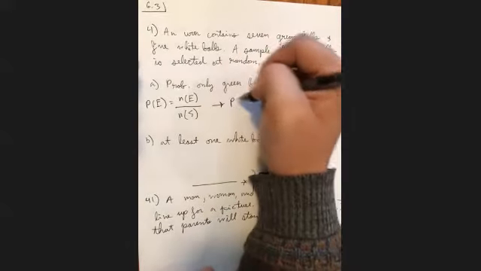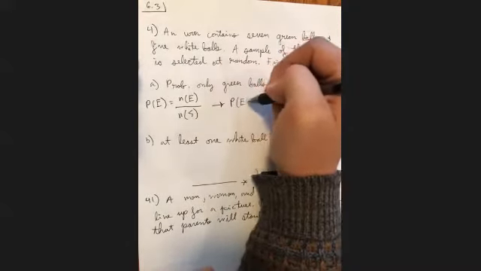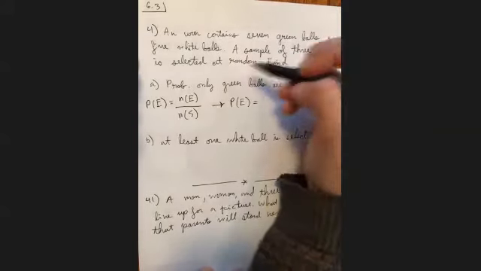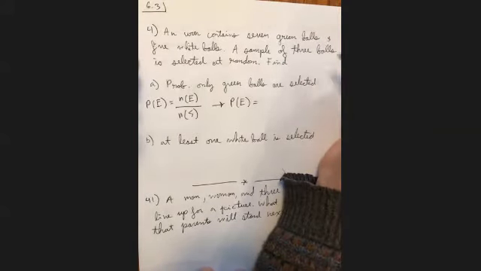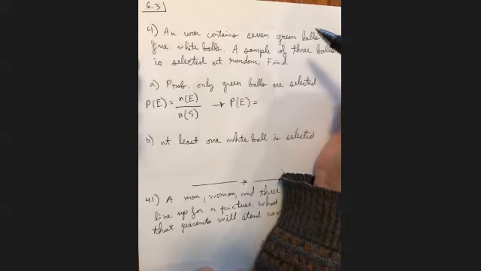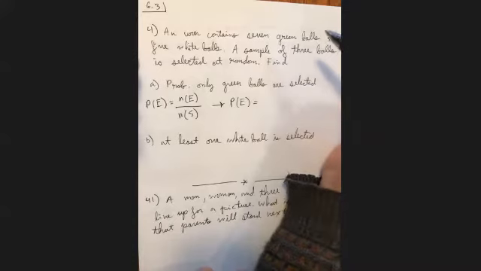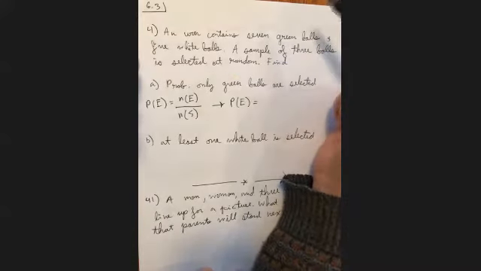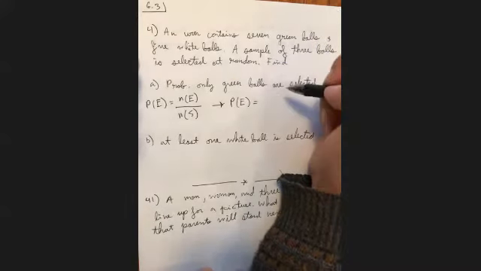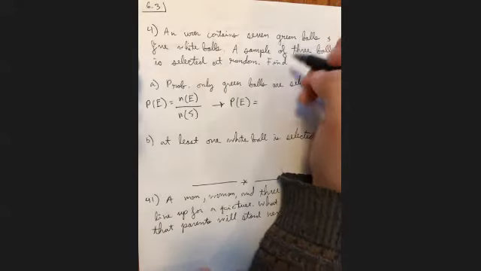For this probability, only green balls, I'm just going to call it E. The number of ways of getting only green balls. If we're selecting 3 balls at random from this urn, and it contains 7 green balls and 5 white balls, that means it contains 12 balls in total.